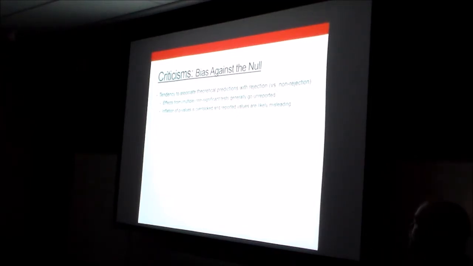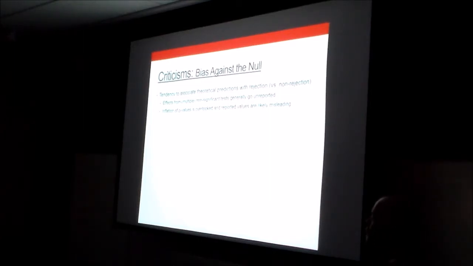But what ends up happening is that because we have this heavy premium on rejecting the null, as being consistent with our theoretical predictions, all the non-significant tests that haven't rejected the null and claimed support for the theory don't get published.